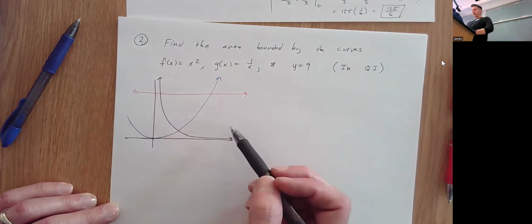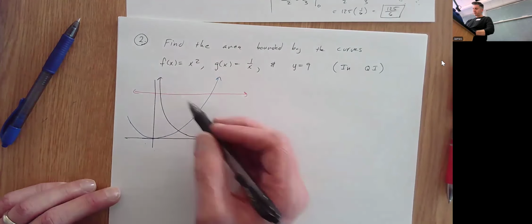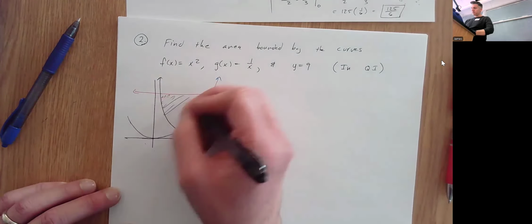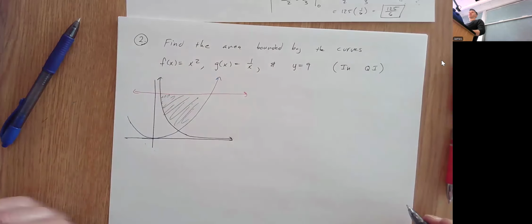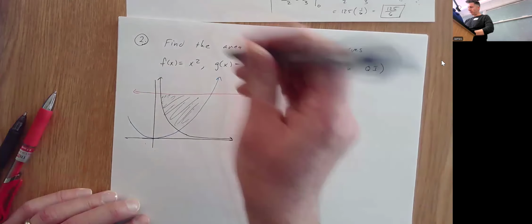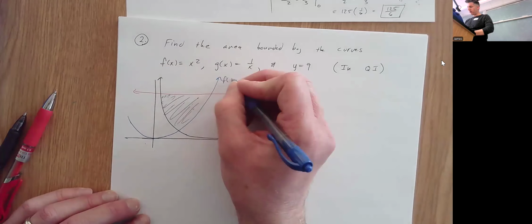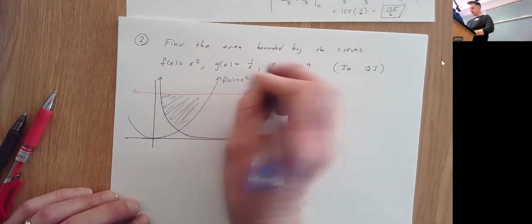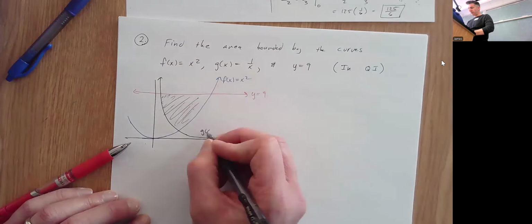But I don't want that one. I want this one here in quadrant 1. That's the region. Let me label it. Here's y equals 9, here's f of x equal to x squared, here's g of x equal to 1 over x.